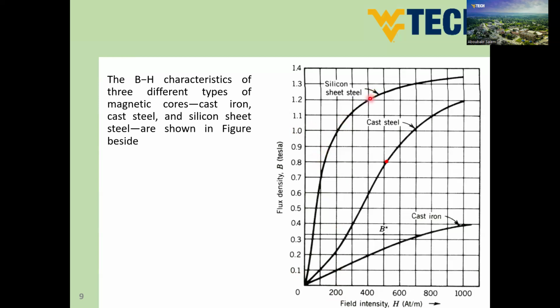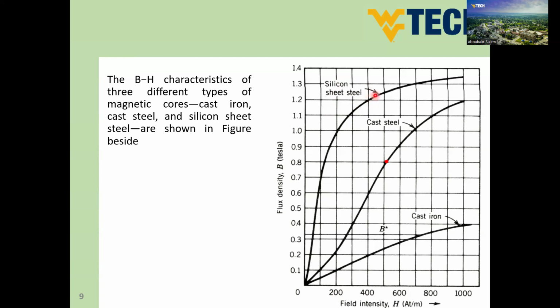In terms of the application, we select our magnetic material according to the application. But take care, since a more efficient material will be more expensive, we make a balance between quality and cost of any product.